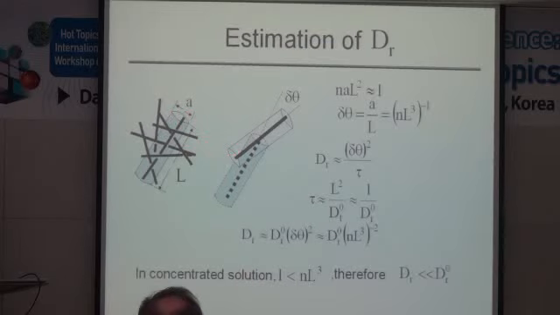So for the rod to rotate, either this rod has to escape from this constrained region, or one of the other rods has to move away and remove the constraint.